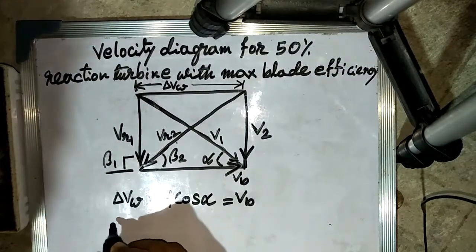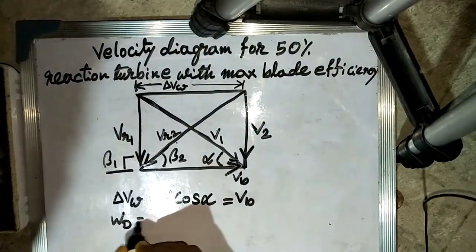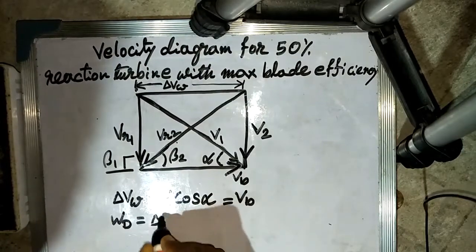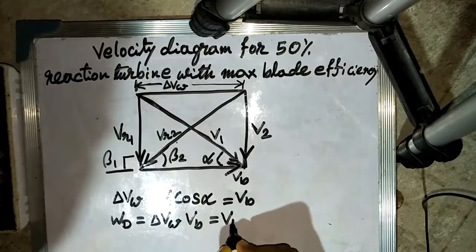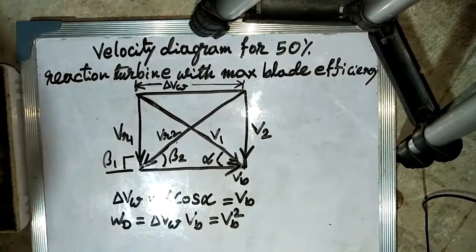Also the diagram work, W suffix t, equals del V omega into Vb, that is equal to Vb square.